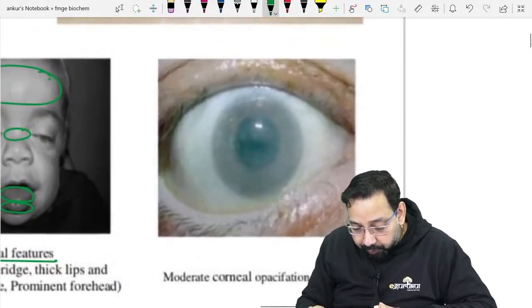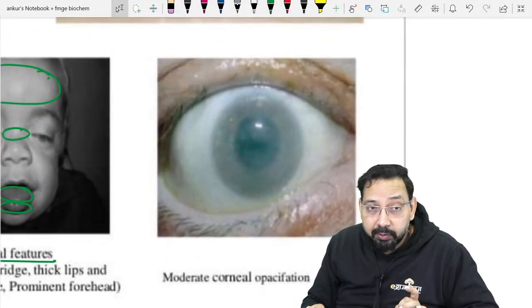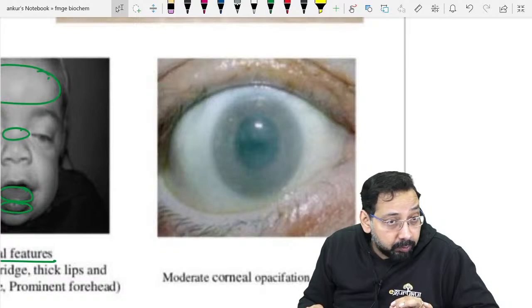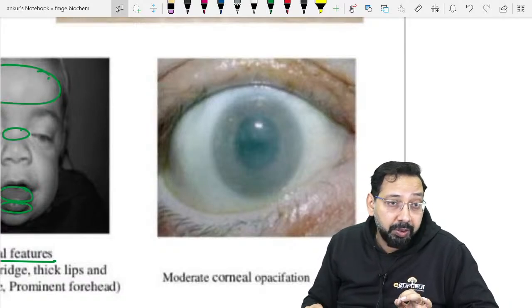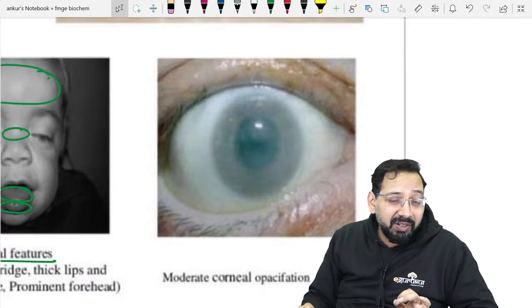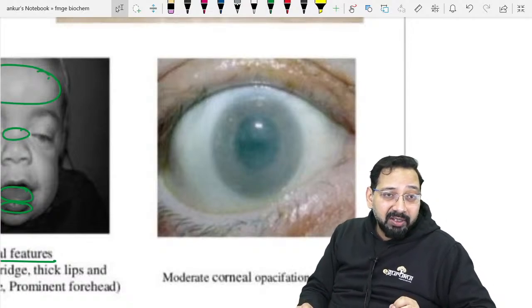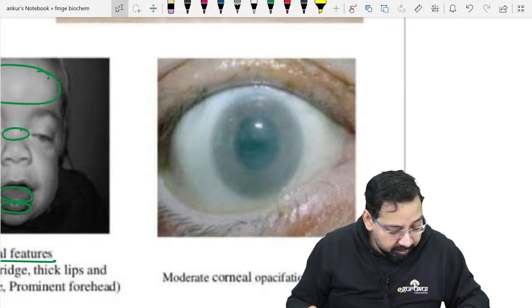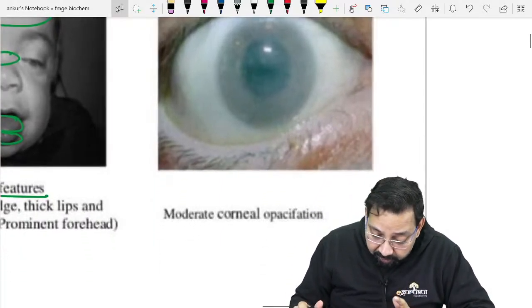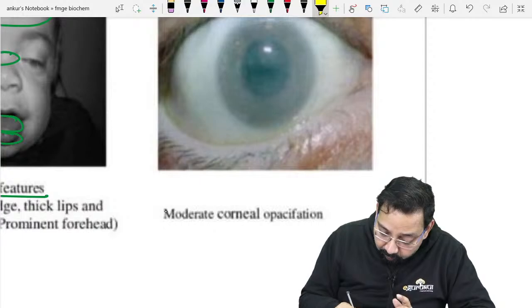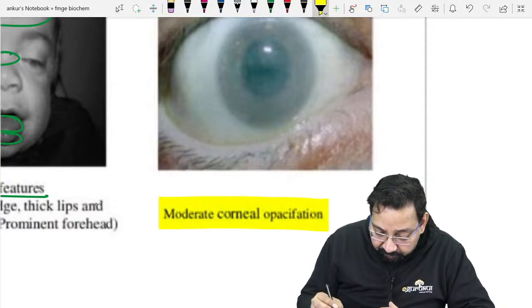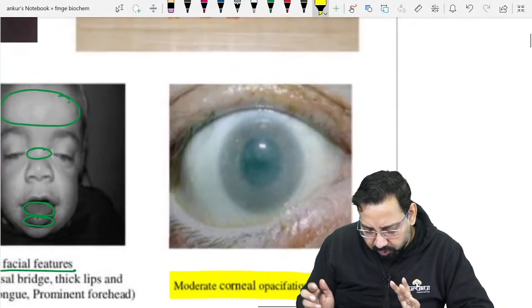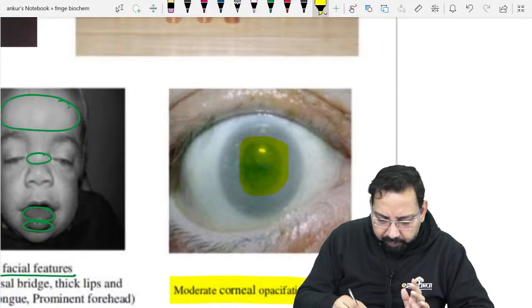As I told you, keratan sulfate is responsible for the transparency of the cornea. If this keratan sulfate is deposited in excess, then there may be corneal clouding or opacification. The word corneal clouding is also used.